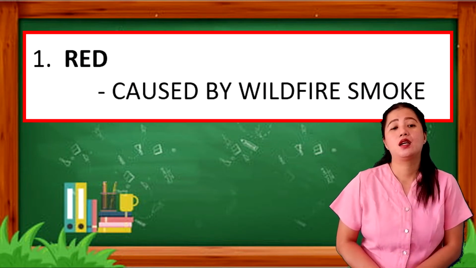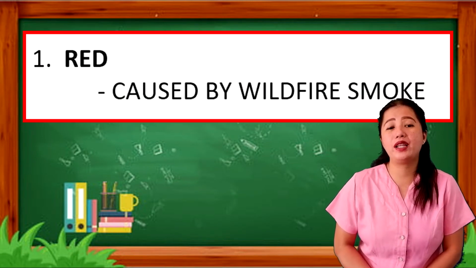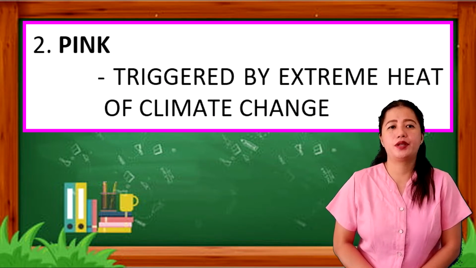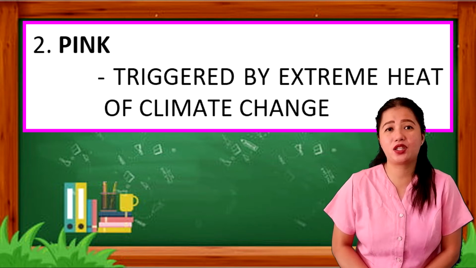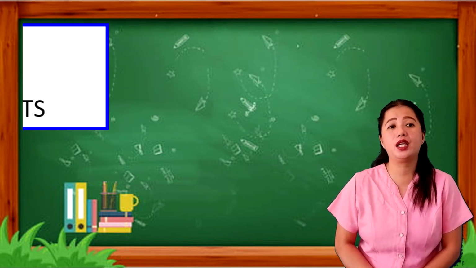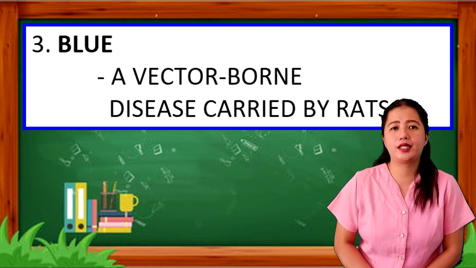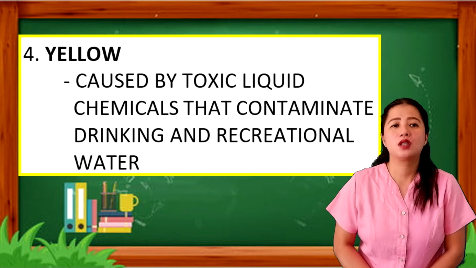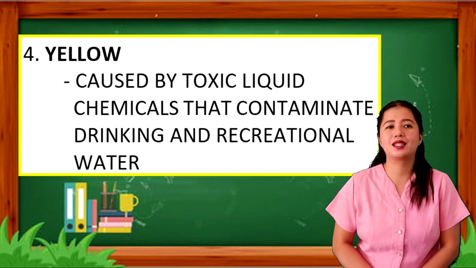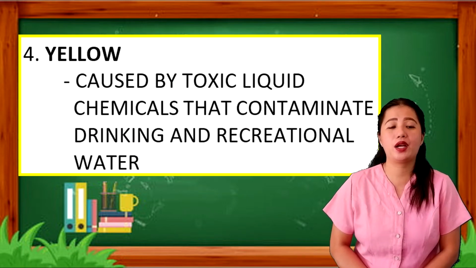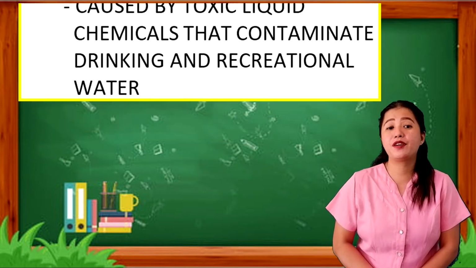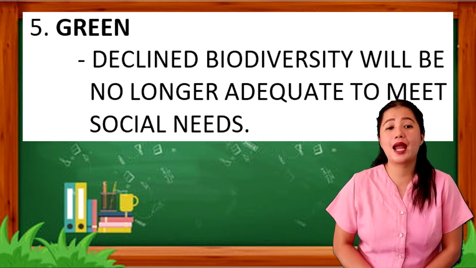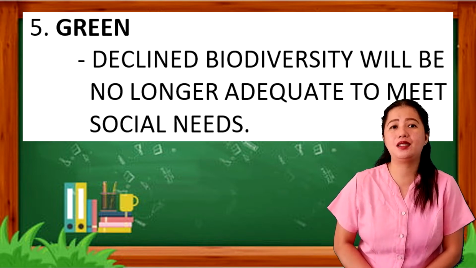Number 1. Red, triggered by wildfire smoke. Number 2. Pink, triggered by extreme heat of climate change. Number 3. Blue, a vector-borne disease carried by rats. Number 4. Yellow, caused by toxic liquid chemicals that contaminate drinking and recreational water. Number 5. Green, declined biodiversity will no longer be adequate to meet social needs.